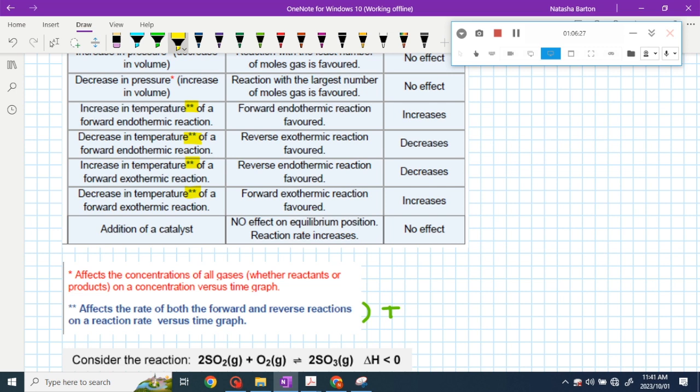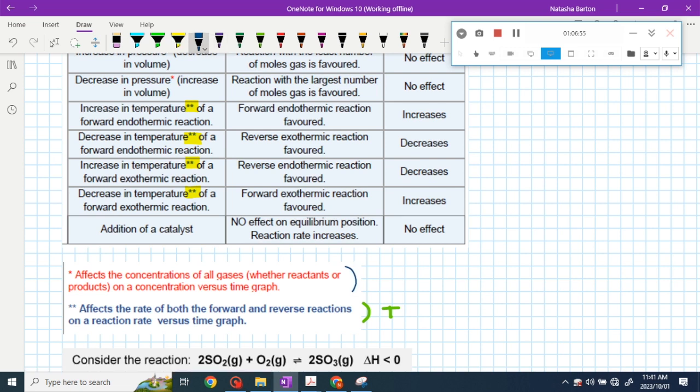If the temperature drops, the rate of the forward and the reverse reaction decrease because all of the particles in the container have less energy. So all of the particles will not collide as effectively as previously. If the temperature increases, all of the particles now have more energy and the rate of all of the reactions is going to increase, whether it's endo or exothermic.